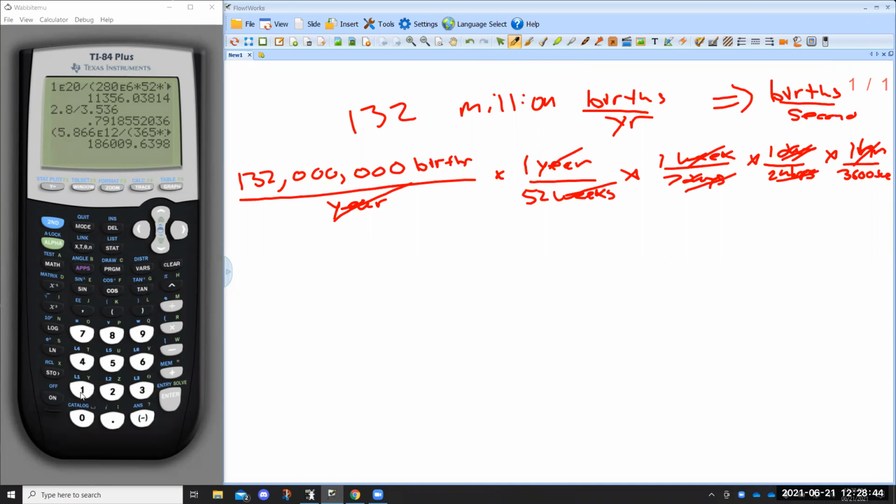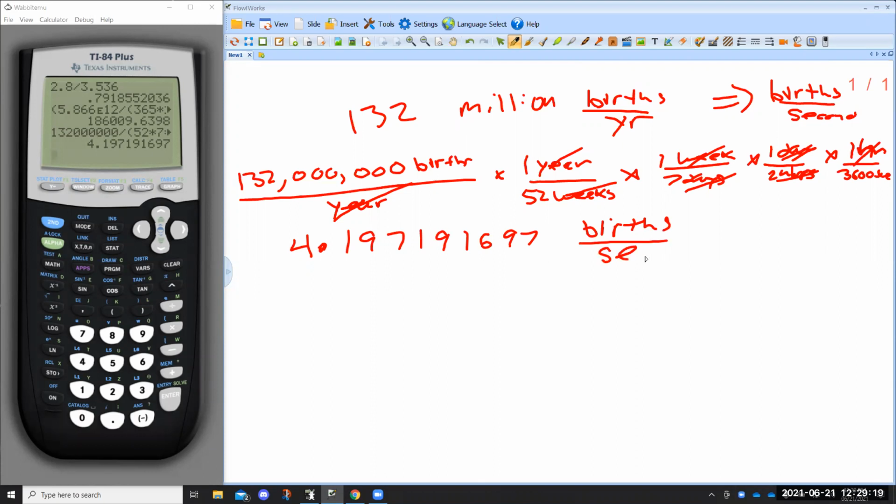We're going to be left with 132,000,000 divided by parentheses 52 times 7 times 24 times 3,600. And that's going to give me 4.197191697 births per second.